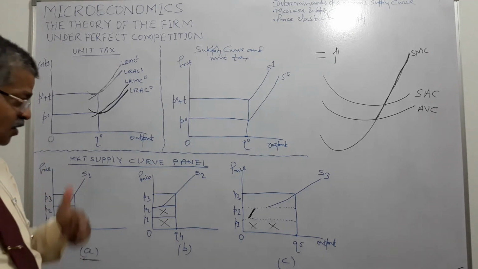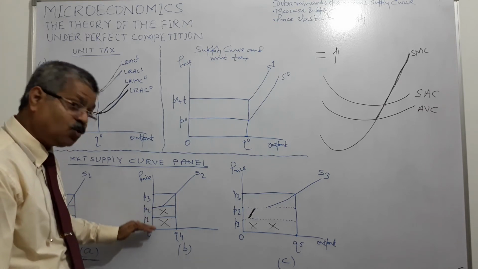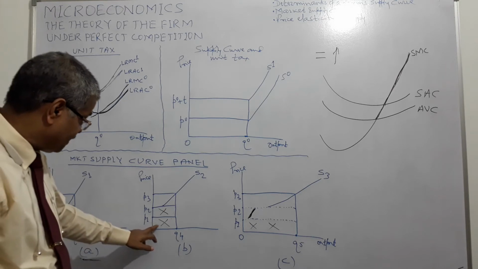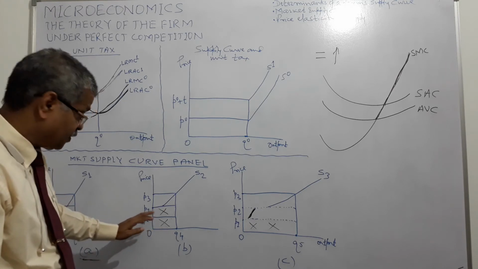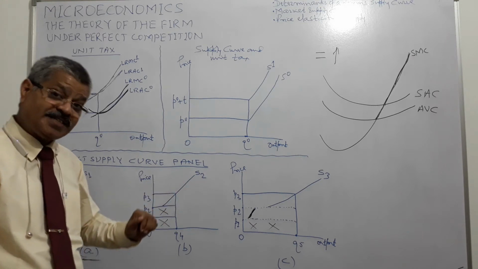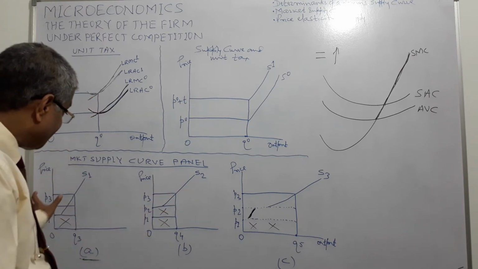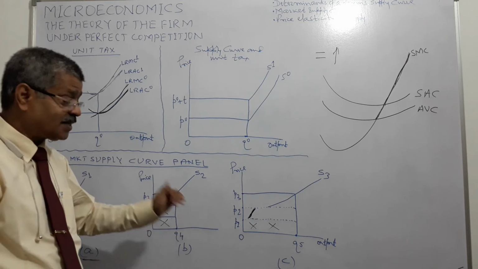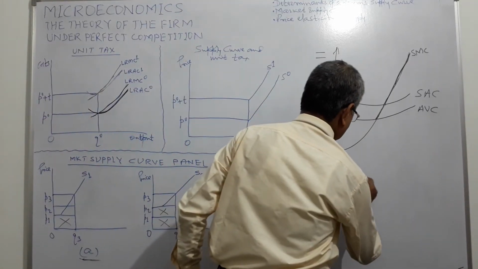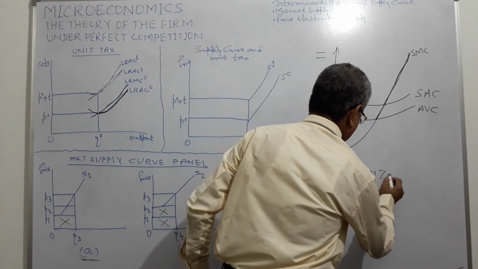Unit 2 says, I will not supply anything if the market price is below P2. So it doesn't supply below P2. When it becomes P2 and more, it supplies, and that supply is S2. When we aggregate these, what is the aggregation? Horizontal summation, right?